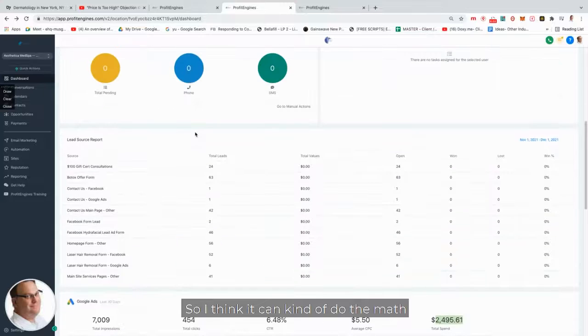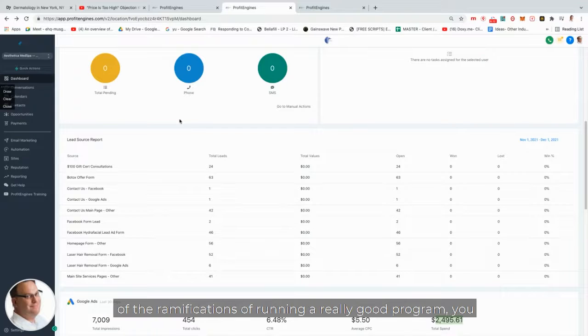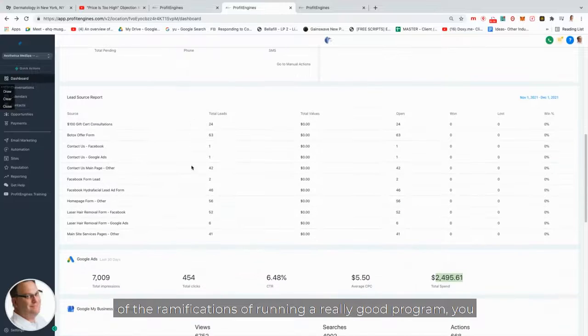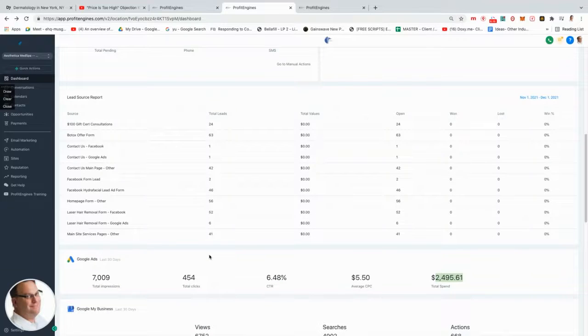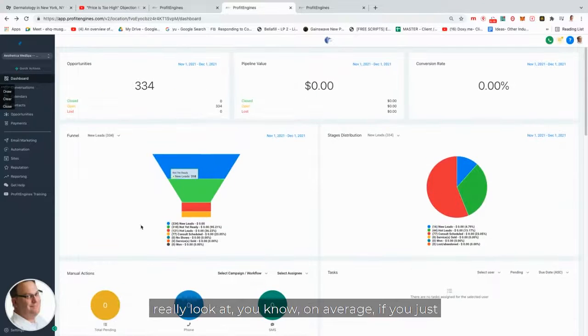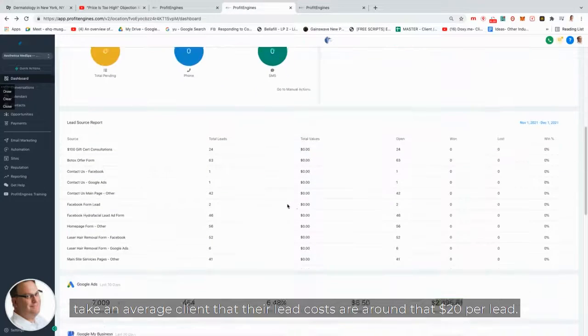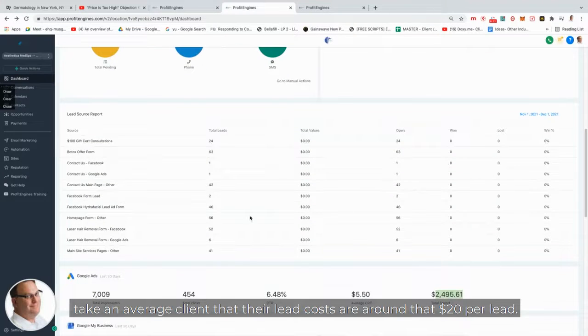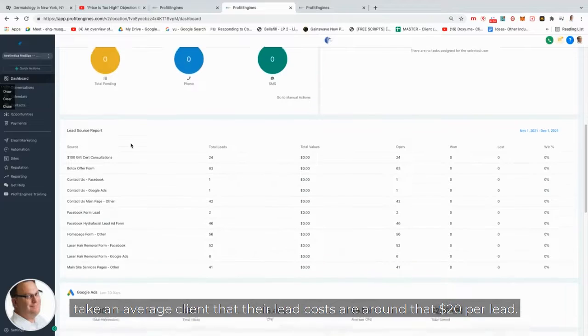So I think you can kind of do the math here. When you start to look at the ramifications of running a really good program, on average, if you just take an average client, their lead costs are around that $20 per lead.